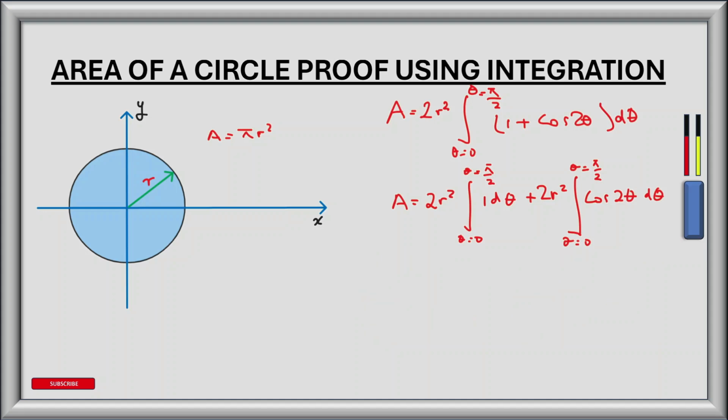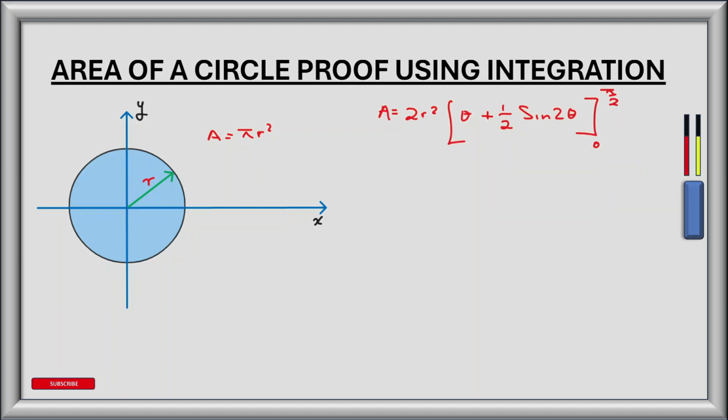Our area is now A equals 2r squared, and then we have the integral of 1 d theta, which is just theta, plus the integral of cos 2 theta, which is a half sine 2 theta, from theta is 0 to theta is pi by 2.